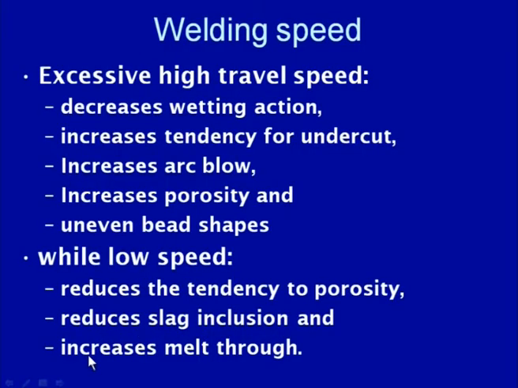But at the same time, it increases the melt-through possibility, because of the increased heat input at low speed, due to the excessive heat input at one place, or indirectly increased heat input per unit length of the weld.